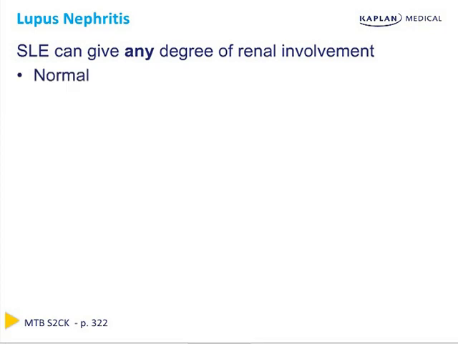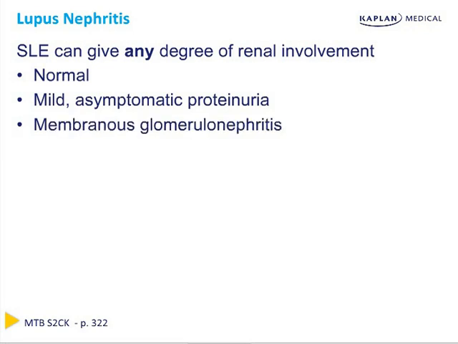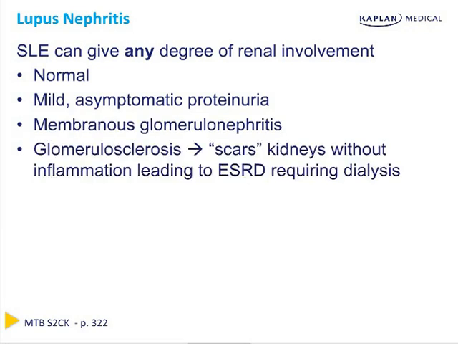Presentations range from a totally normal kidney biopsy to mild asymptomatic proteinuria, to a membranous glomerular nephritis, to glomerular sclerosis, which is a scarring process without inflammation that leads to end-stage renal disease and ultimately requiring dialysis.